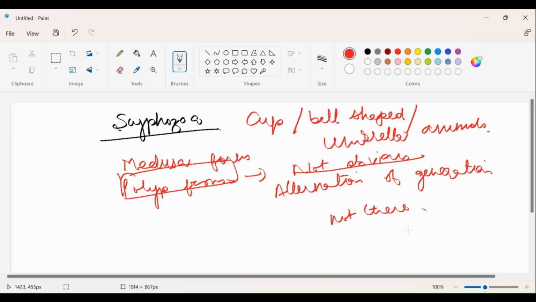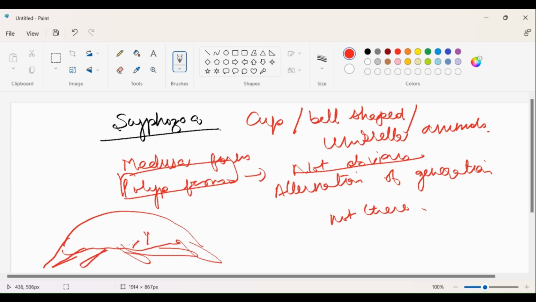so with regard to its symmetry, the animals, as I said, are bell shaped. And when we talk about scyphozoa, immediately an example should come into your mind: jellyfish. You people might have watched jellyfish. You can search on the net and find a good picture of jellyfish.